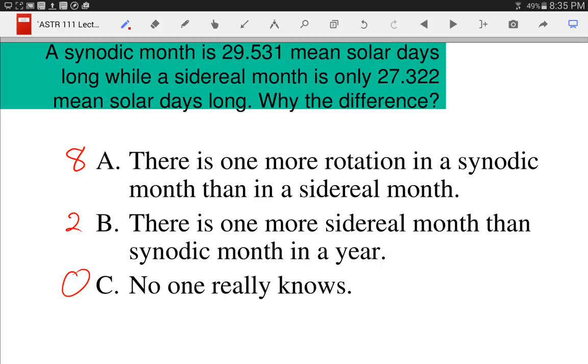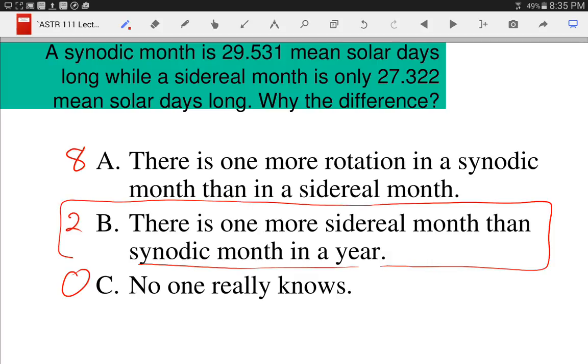And so the answer was actually there's one more sidereal month than synodic month in a year because of the orbit. So that one was a little tricky. I had to ask it to make sure people think about the differences.